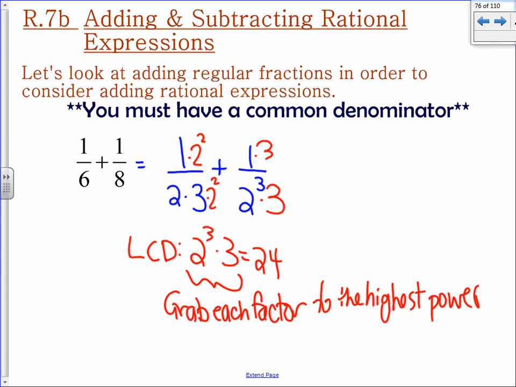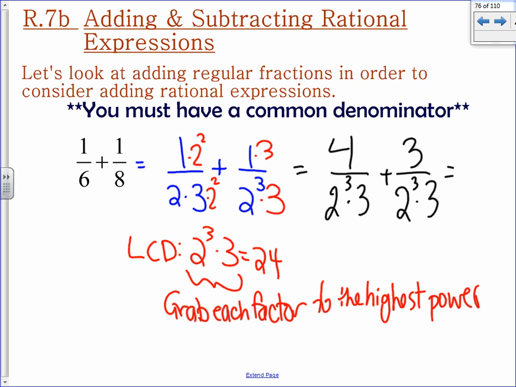And so then I get 4 over 2 cubed times 3 plus 3 over 2 cubed times 3, or 7 over 2 cubed times 3, which is 24. Questions on that?